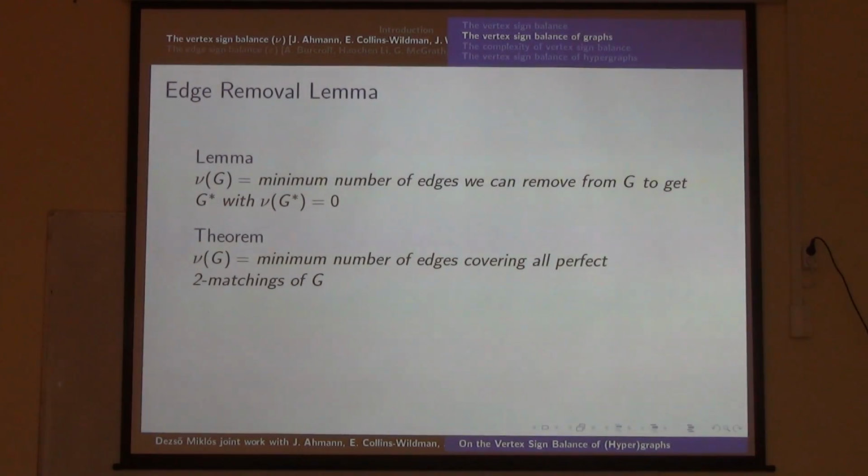And now it gives us a tool to find the vertex sign balance of a graph, because of course the upper bound can always be found by a proper example, but the lower bound can be proven by finding a minimum set of edges covering all perfect 2-matchings, and if the two numbers are equal to each other, then we have the vertex sign balance of the graph.